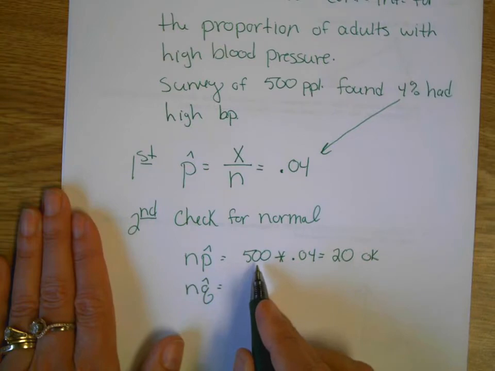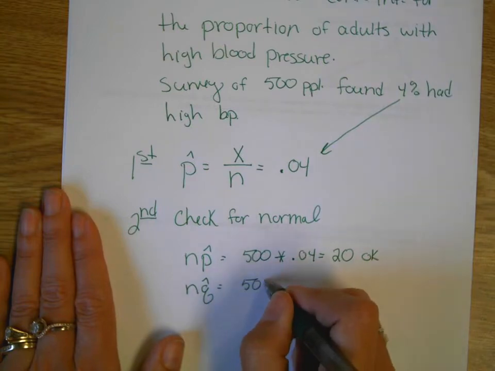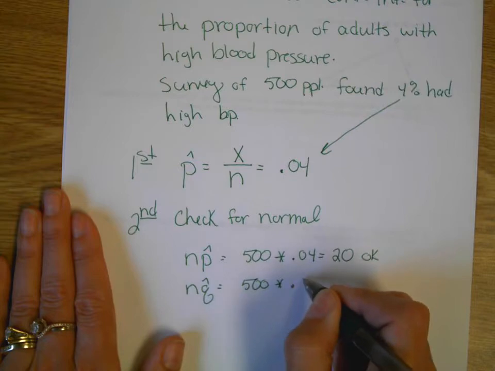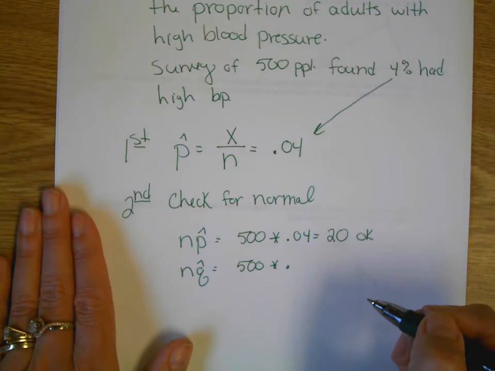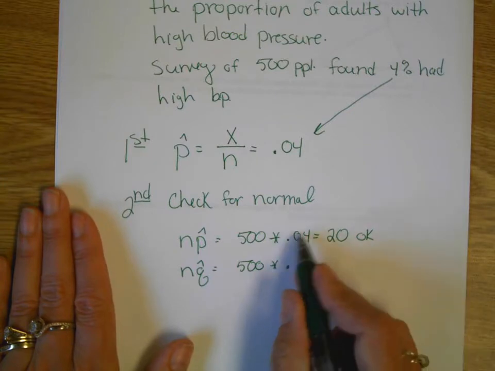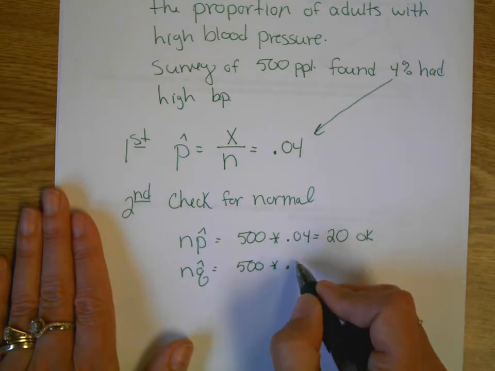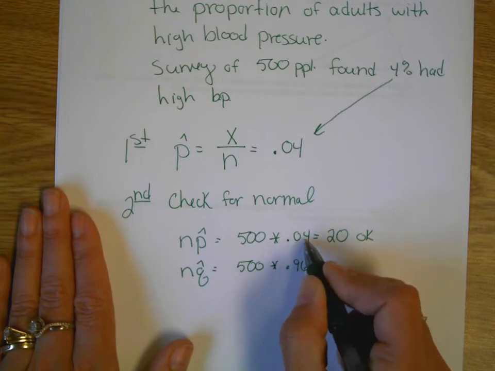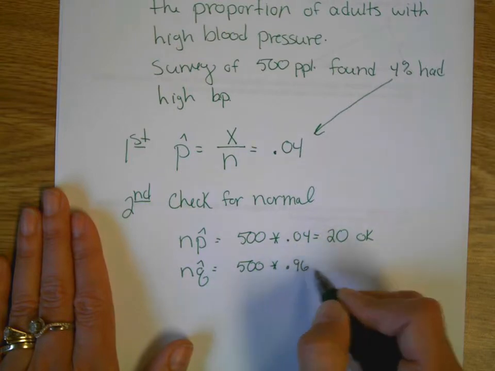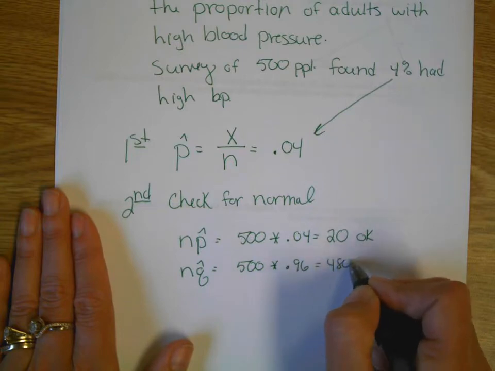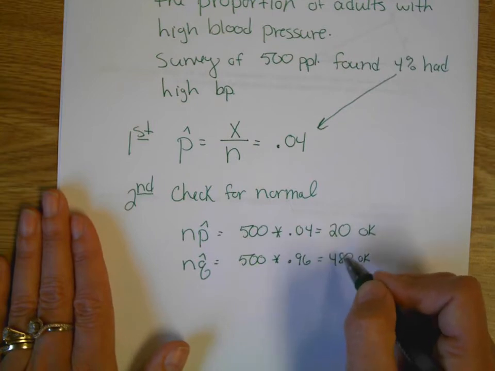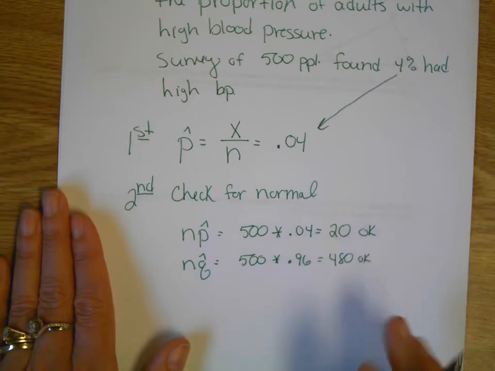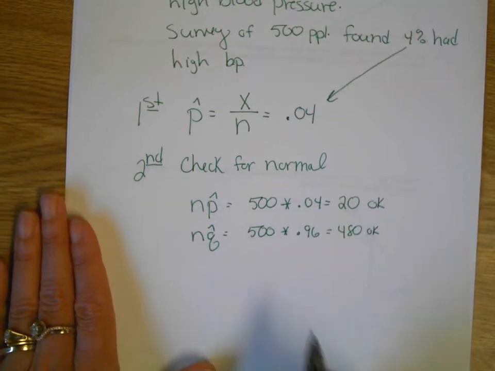Because it's going to be the rest of this, 480. What's the q hat value? 96%. The rest of the 100%: 4% successes, 96% failures. Has there ever been a situation where it wasn't 5? Potentially, yes, that could happen.